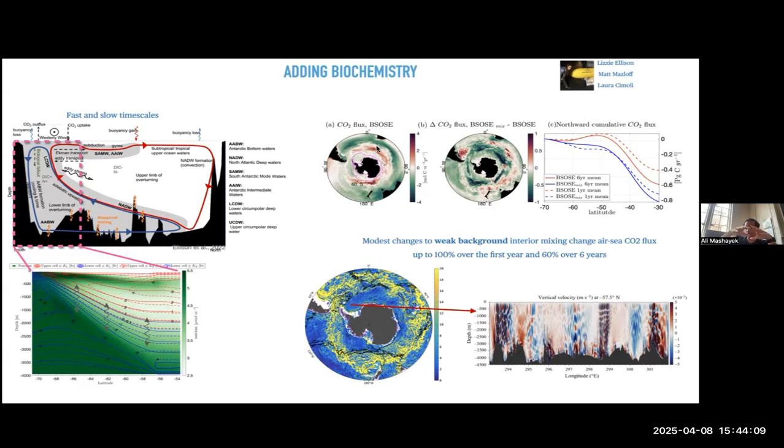When you have storms going over, you get 2 to 3 orders of magnitude more mixing at the top. If we just modify the background value of mixing between these water masses very slightly, we can change the air-sea carbon fluxes in an integrated sense over the Southern Ocean by anywhere from 16 to more than 100% over a 1 year to 6 year time scale.